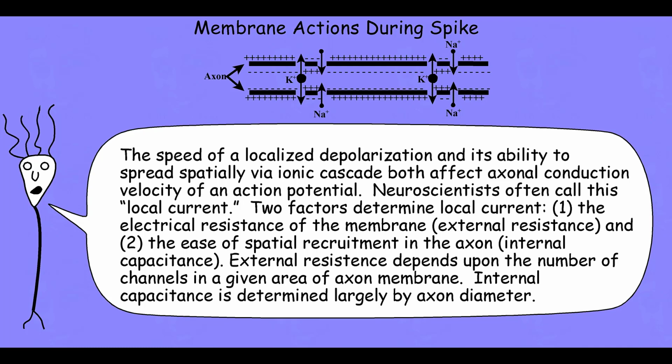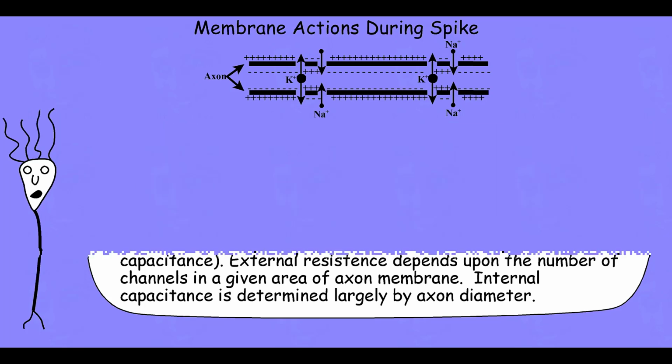Neuroscientists often call this local current. 2 factors determine local current. First, the electrical resistance of the membrane, that is, its external resistance, and the ease of spatial recruitment in the axon, i.e. its internal capacitance. External resistance depends upon the number of channels in a given area of an axon membrane. Internal capacitance is determined largely by axon diameter.